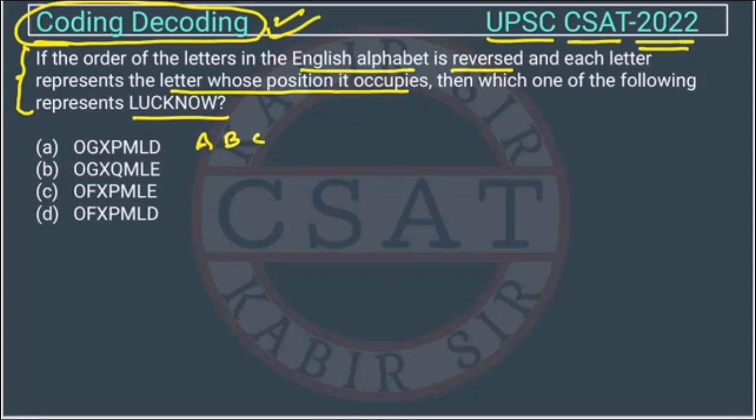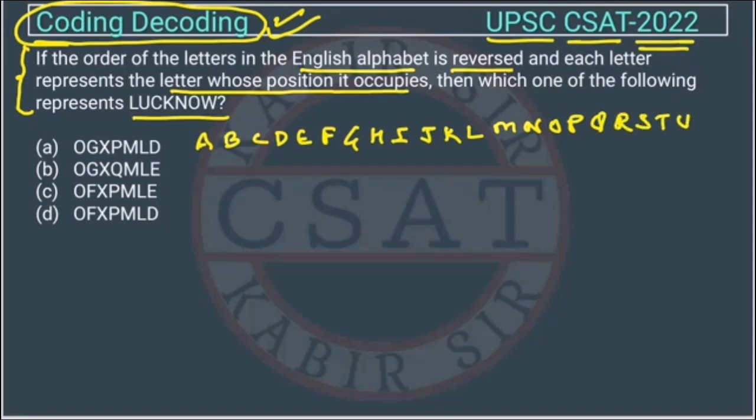A B C D E F G H I J K L M N O P Q R S T U V W X Y Z, right?